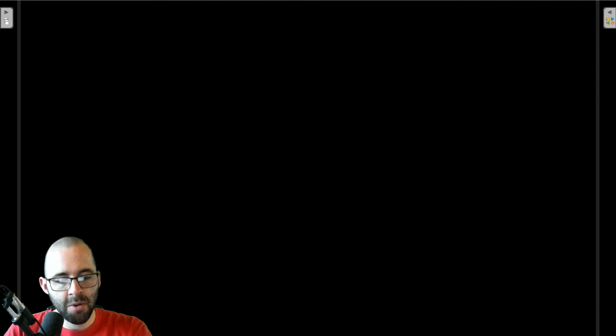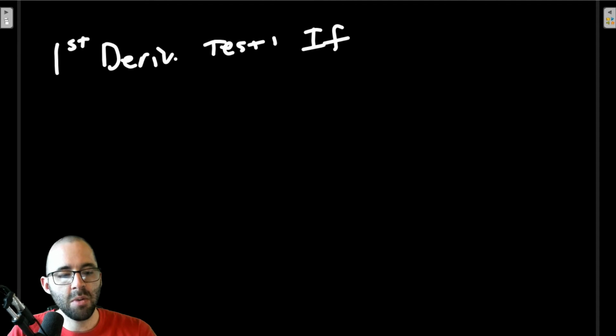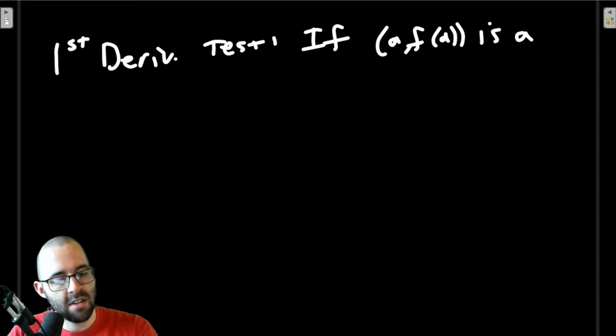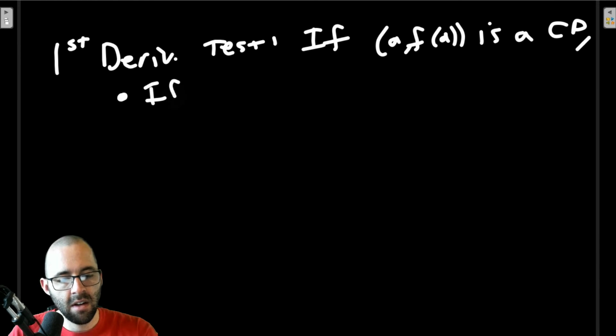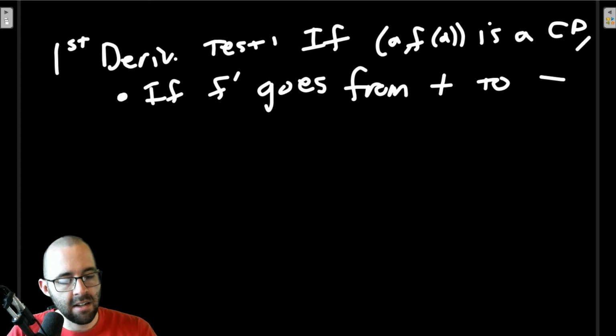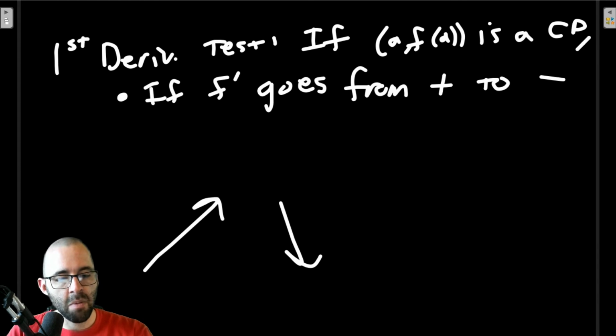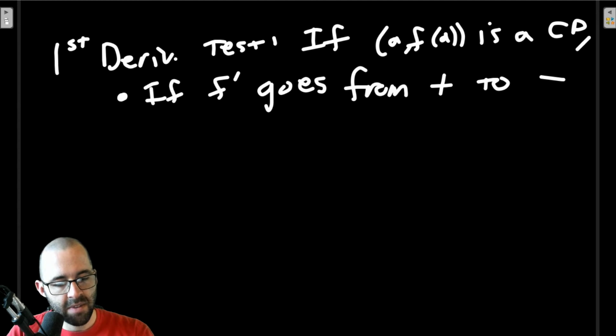So the first derivative test says if (a, f of a) is a critical point, or CP, then if f prime goes from positive to negative, remember that's like going up and then going down. Going up and then going down, that's the top of a hill. That's a local maximum.